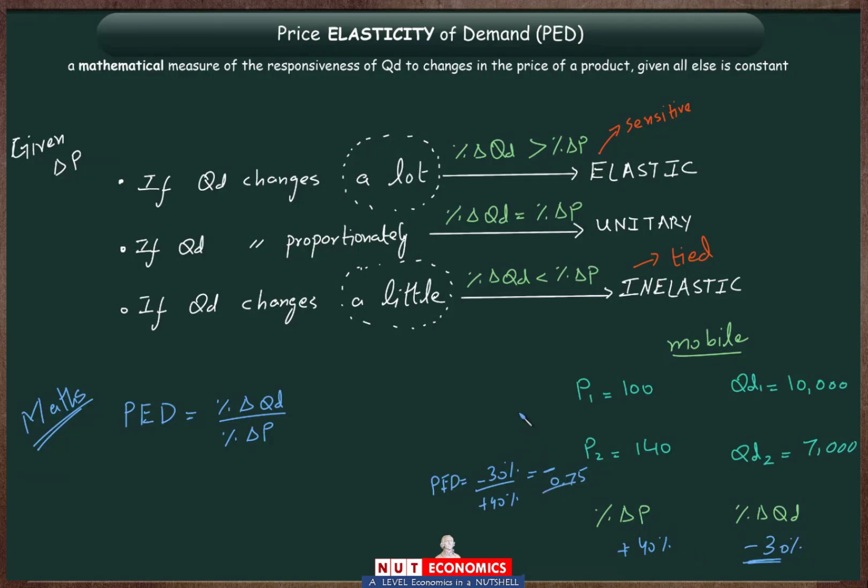But the more interesting and the more important part that you need to know is that you should be able to just look at the value and the sign of this PED, and you should be able to tell whether the demand is elastic, inelastic, and so on and so forth. So what I'll do is I'll explain to you the meaning of the sign of PED first of all, and then how do we interpret the value.